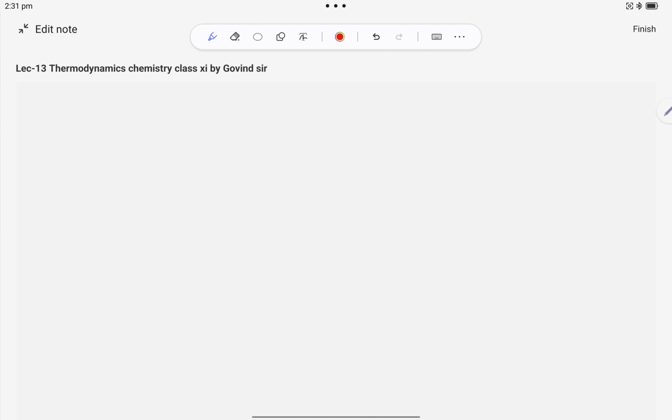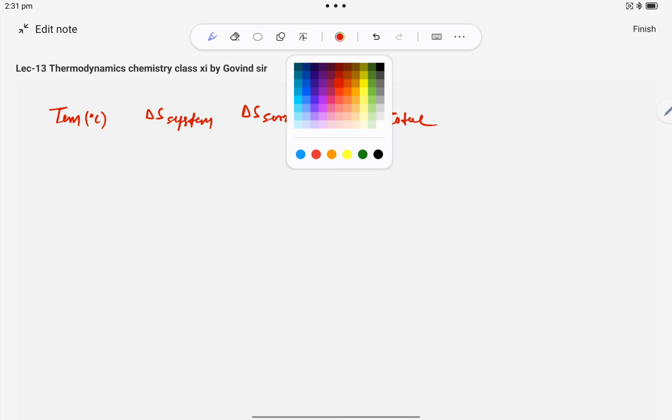Here I am writing temperature in degrees Celsius, delta S of system, delta S of surrounding, and delta S total.